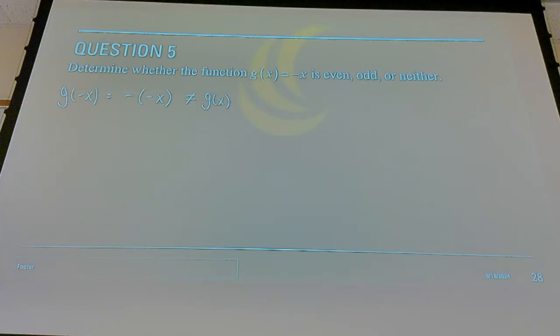It's very easy to see that that is negative g of x.